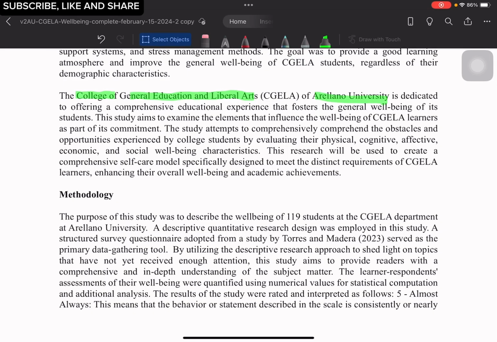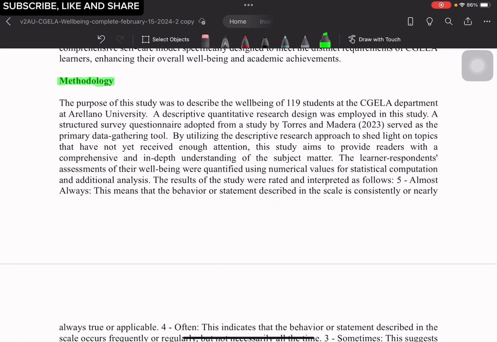The next part of the study that utilized the IMRAD format is the methodology. Aside from the method or the research design used in the conduct of the study, there are other elements that should be included under the research methodology. If we go through the content of the methodology, the first part, the purpose of the study, establishes the direction, the goal, or the objective of the study.